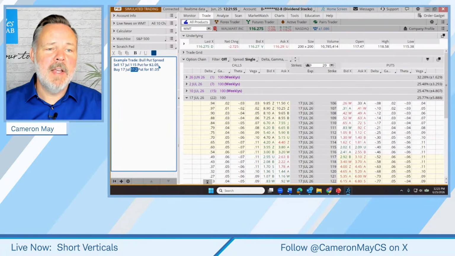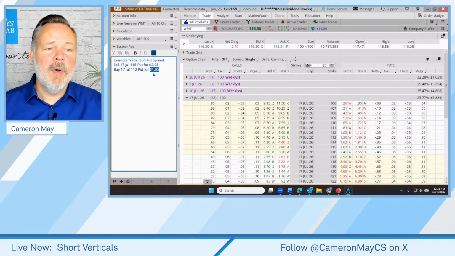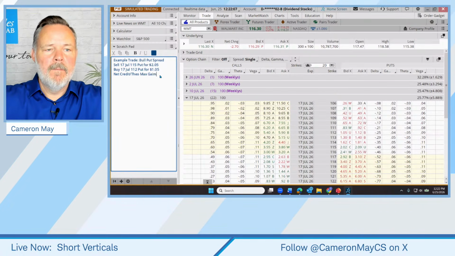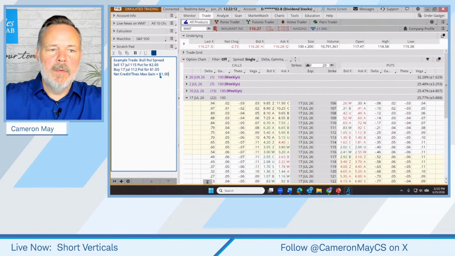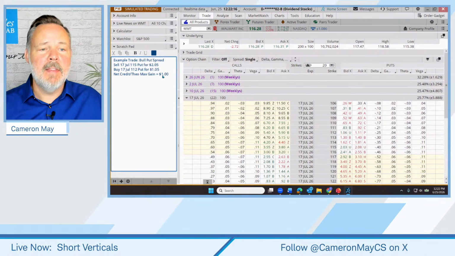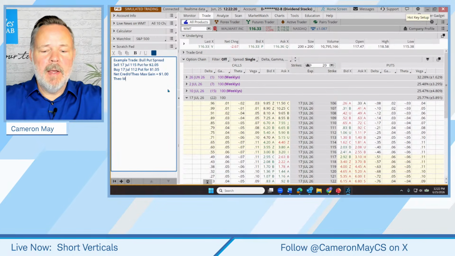Now, for setting that trade up, we're collecting 2.05, but we're also spending 1.05. So what's the net credit, or the theoretical maximum gain of this trade? That is $1. 2.05 collected, 1.05 spent, leaves us with a net credit of $1. What's the theoretical maximum loss?